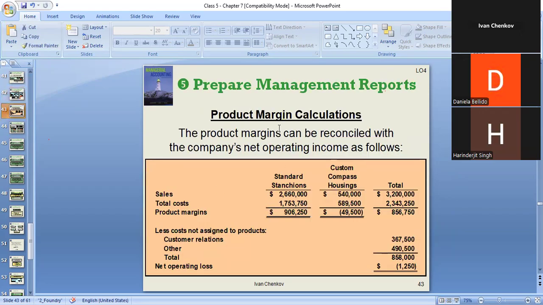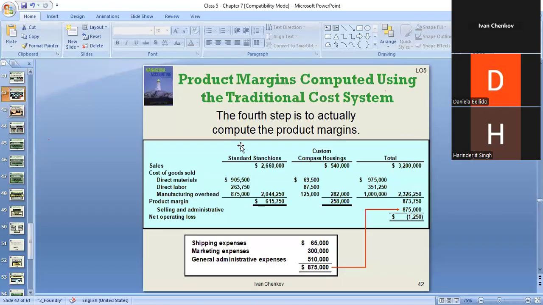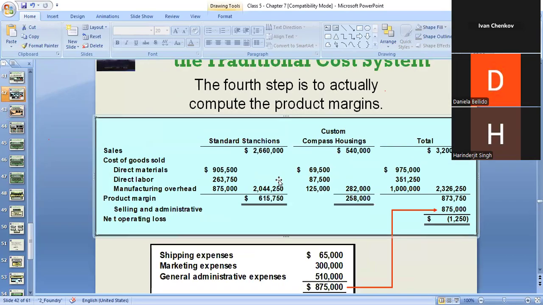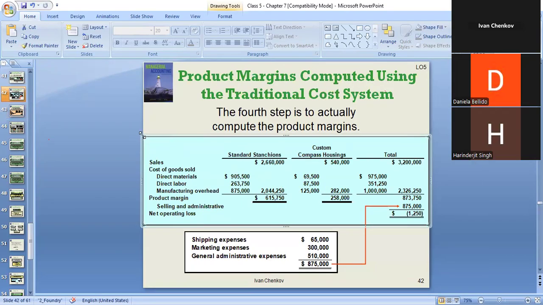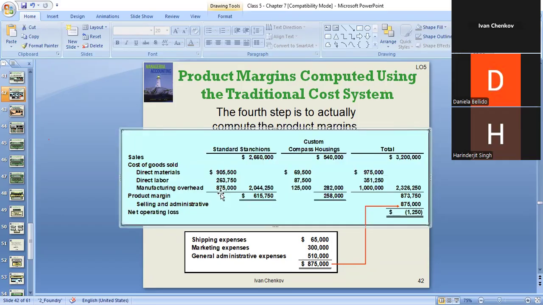Again, under activity-based costing, those are the product margins. Again, we're losing 1,250. If using the traditional, we're having this calculation. Now the question is, which one is more accurate? If you are the manager, which one are you going to rely on more?